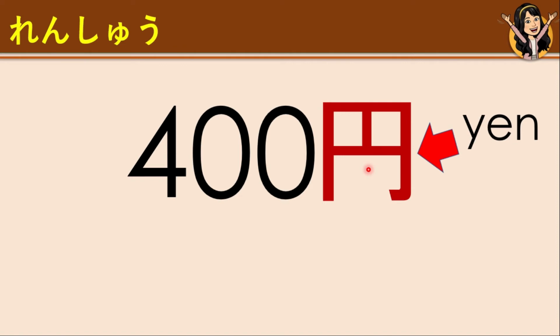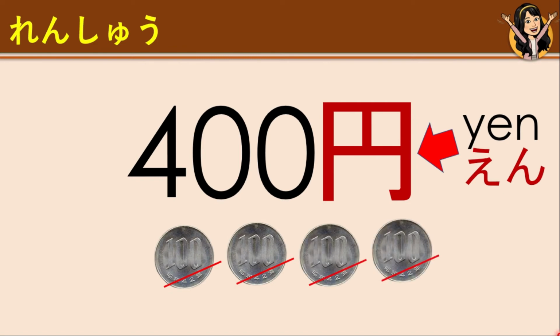In Nihongo, you say it as en. So this is 400 yen. I repeat, that's 400 yen. It's like you have 4 pieces of 100 yen like this. Wakarimasu ka? So this is 400 yen.